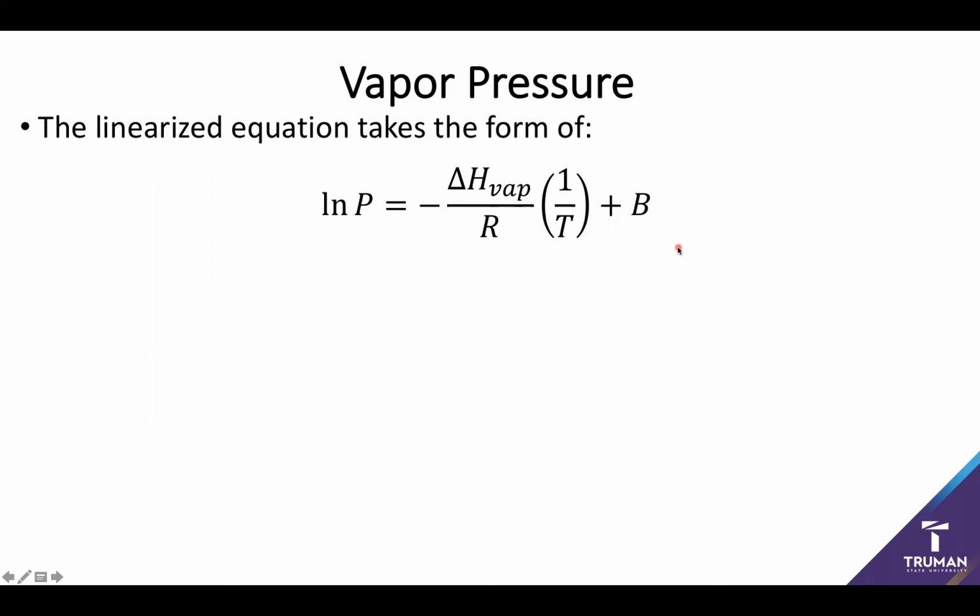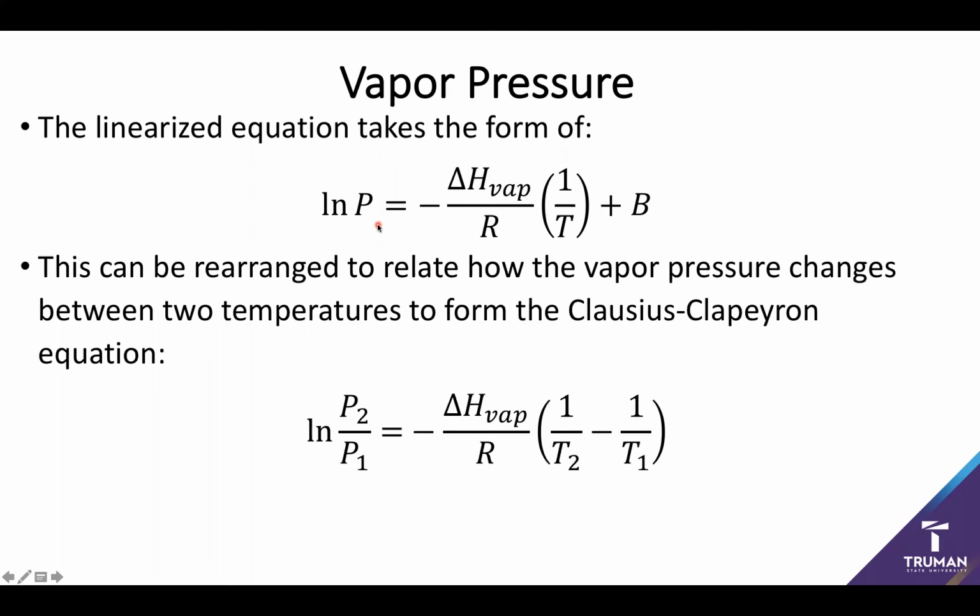This is a useful equation, but oftentimes if I want to figure out the pressure as well, I need to use a reference point. So what we do is instead look at relating two different points. I can relate the vapor pressure at a given temperature, T2, if I know one other vapor pressure and one other temperature.